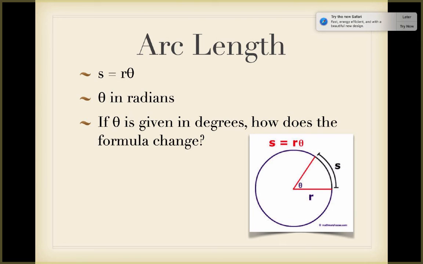So if you're given something in degrees, you will change your formula to be something where you have your theta in degrees, and you're going to multiply by pi over 180. This will be used to change from degrees to radians, pi over 180.